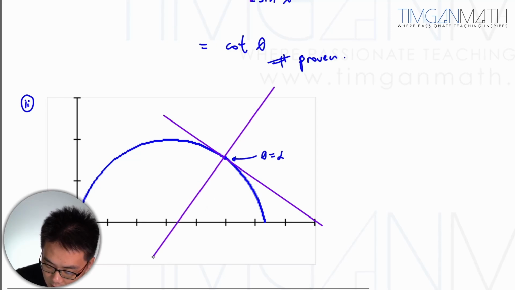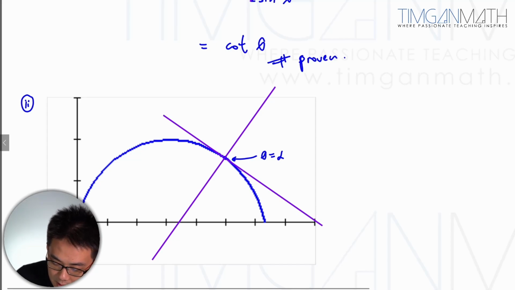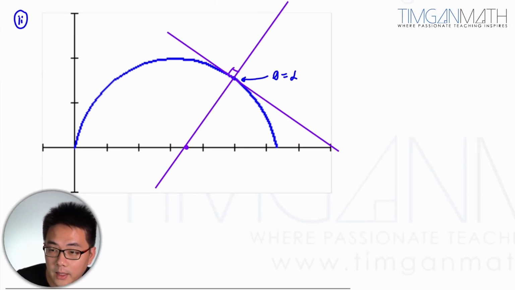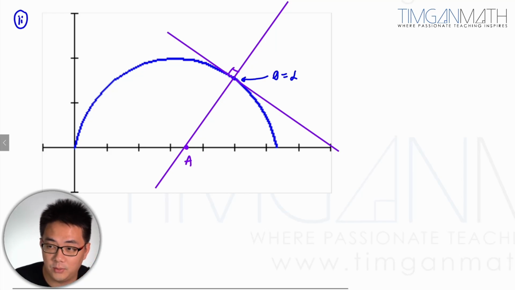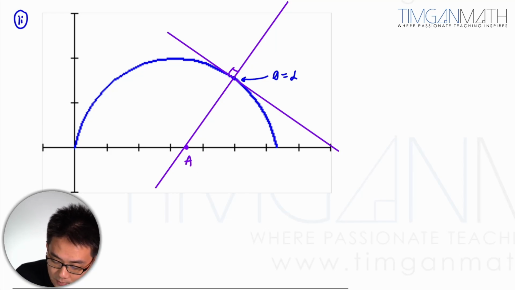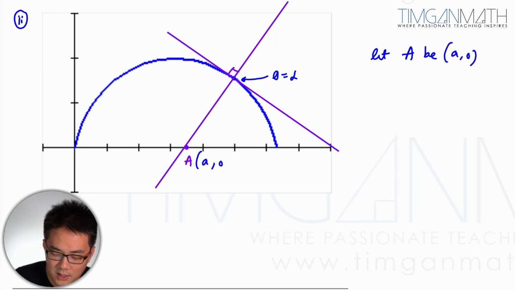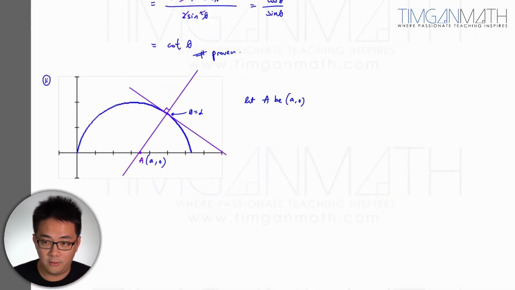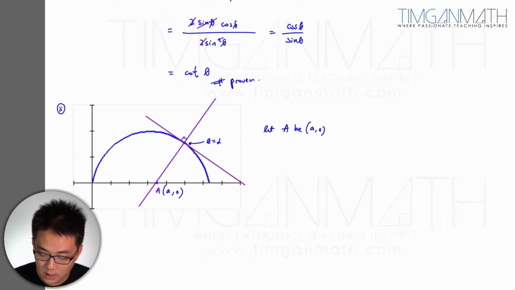When you draw the normal out, this point here is A. So you're told to show that the x-coordinate of A is k alpha. Okay, that's pretty okay. So let A be (a, 0). We need to show that a is actually k alpha. That's the whole point there.